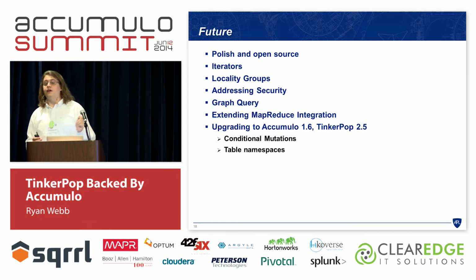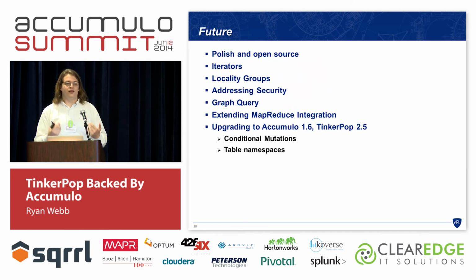Upgrading to Accumulo 1.6 will give us some power that I hope to learn about later in a talk on conditional mutations. So conditional mutations let you write out a mutation and say, only let this write if another field exists. So that'll let us just blindly write things and not care about existence. The conditional writer will make sure that the vertex exists, and it will not set the property if the vertex doesn't exist.